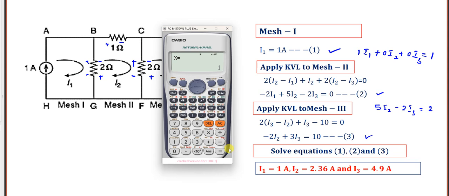So I1 is 1, I2 is 2.36, I3 is 4.9. So this is how, by substituting I1 value here, you can convert the equations to two unknown variables, that is I2 and I3 you have to calculate, or by considering this as equation number 1 with the other two variables having 0 coefficients, you can solve using three unknown variables using a calculator.